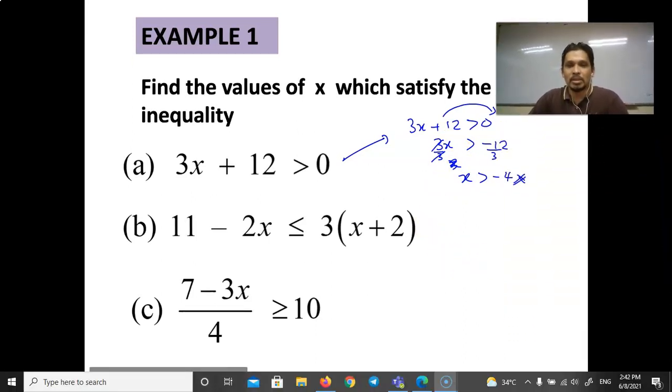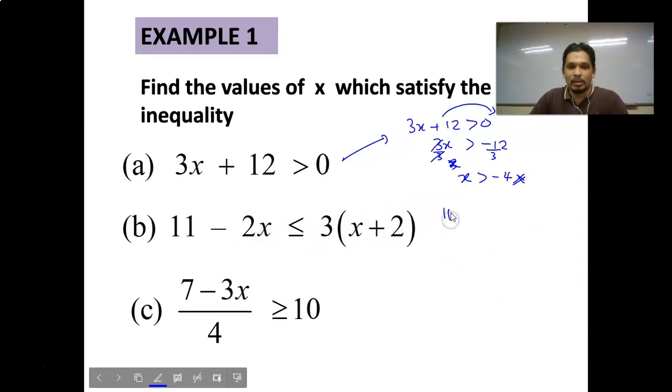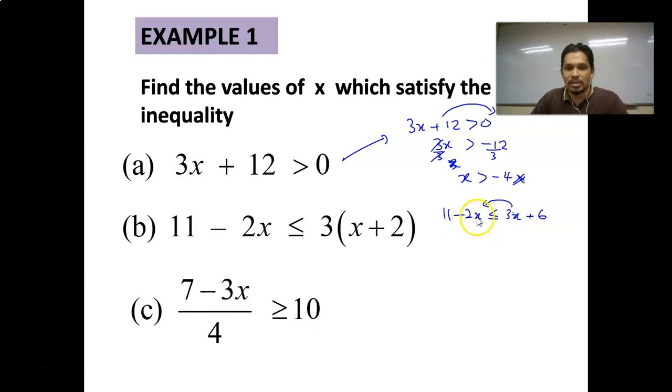So the second example here. 11 minus 2x less than or equal to 3x, 3 times 2 equal to 6. Bring this 3 to the other side, join up the negative 2x here, and 11, bring up here positive.